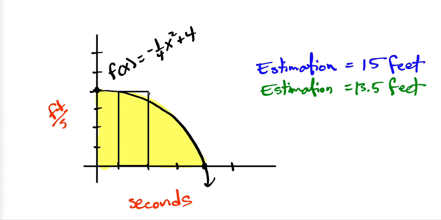Which side of the rectangle is determining the height? The left side. The left side of my rectangle is touching the function. So when I dragged my rectangle, I dragged it up until the left-hand side touched the function. That's going to be known as left endpoint estimation. That's one of the three methods.